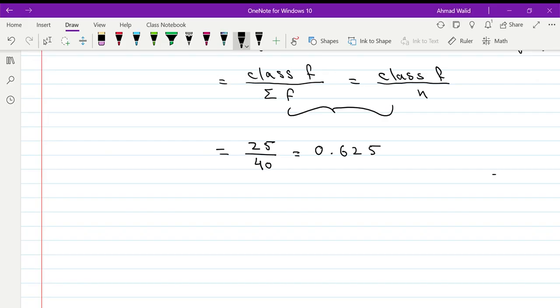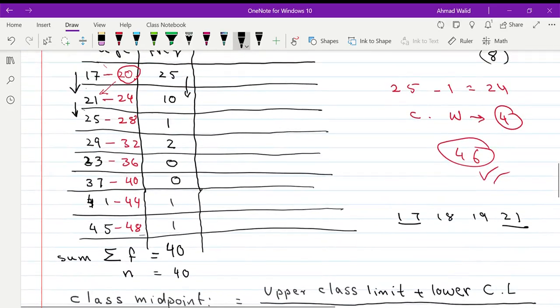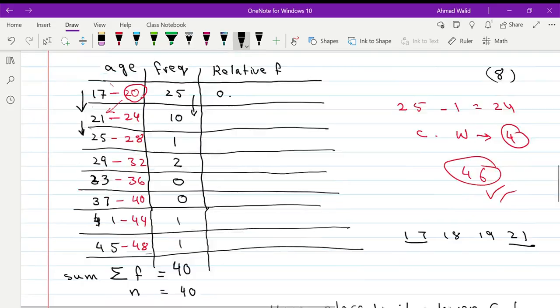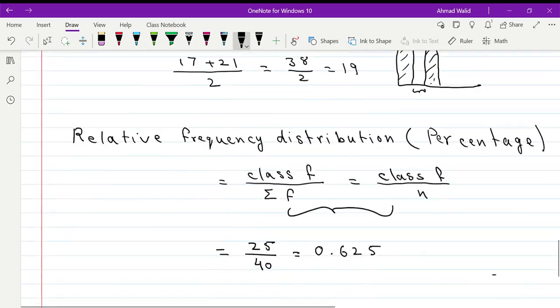If you put this number here for your boss, in the next column, I'll call it relative frequency, you put here 0.625.